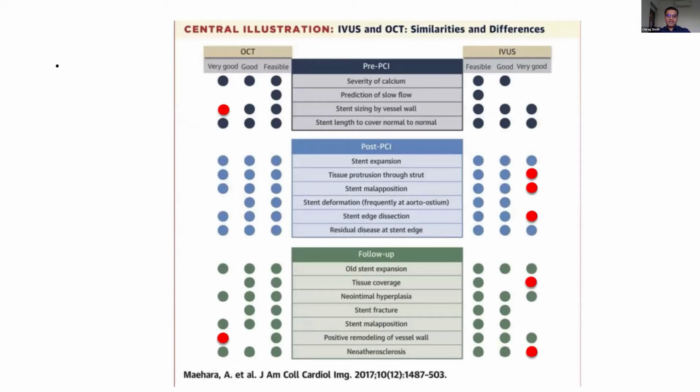We know this famous slide, where it has been shown that there are a lot of similarities between IVUS and OCT, and in the majority of things there is a lot of concordance between the two imaging modalities. If you focus on the follow-up part, then IVUS lags a little behind, especially for stent fracture and stent malposition. But otherwise, there is a lot of concordance.